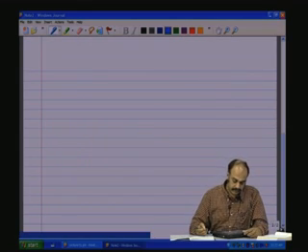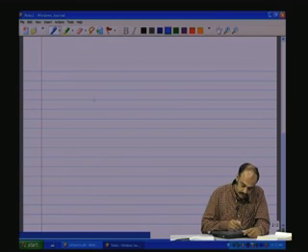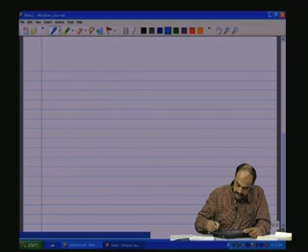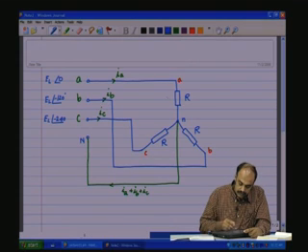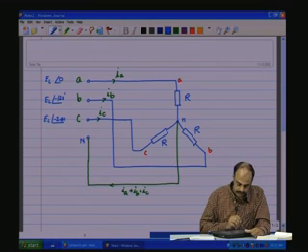Now, if you look at the currents, the line currents and the line voltage, if you see this line current and the line voltage, there is going to be a phase shift.